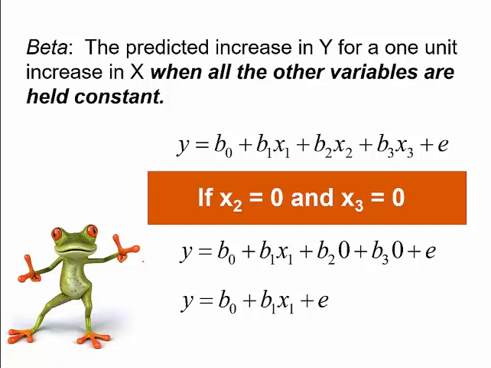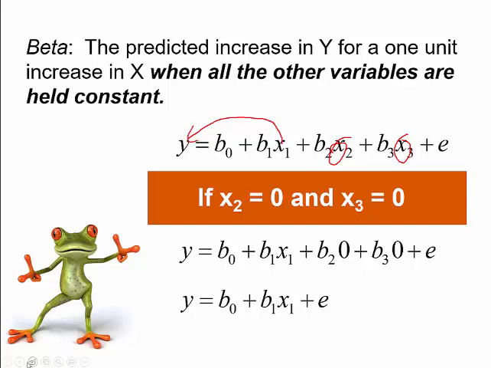To understand what a beta weight's doing and to make our results clear, let's say this. We're going to hold everything constant at 0. So we're going to say if everyone had a score of 0 for X2, and if everyone had a score of 0 for X3, what would the effect of X1 be in predicting Y?